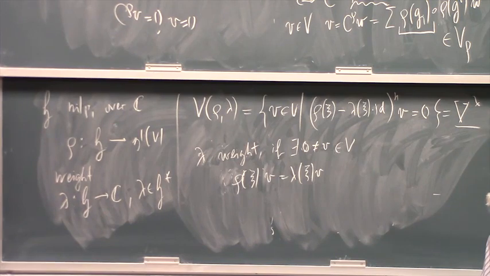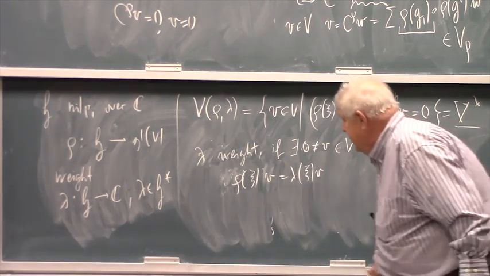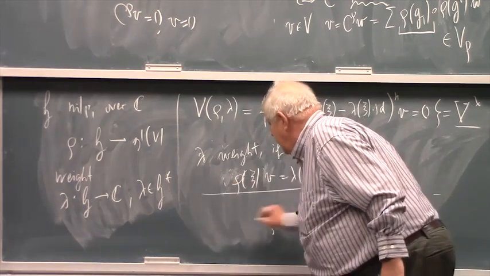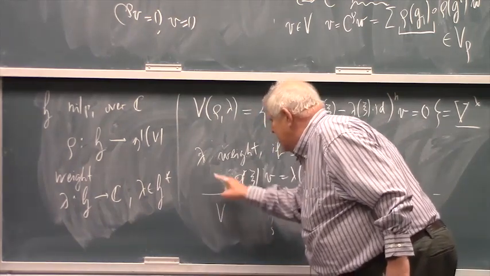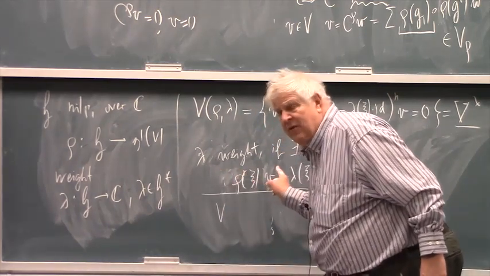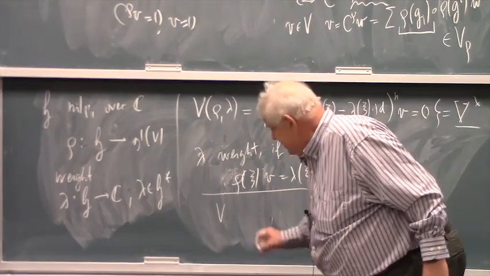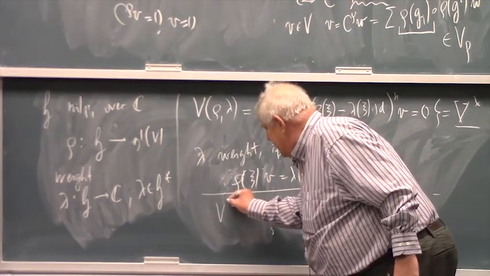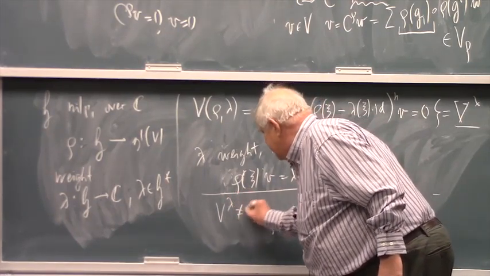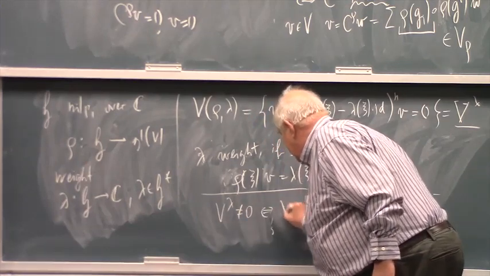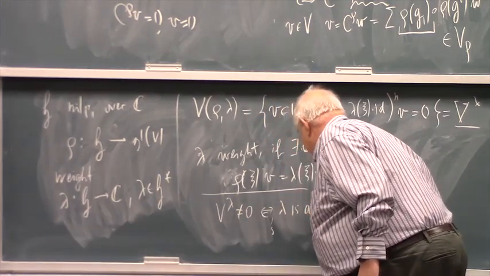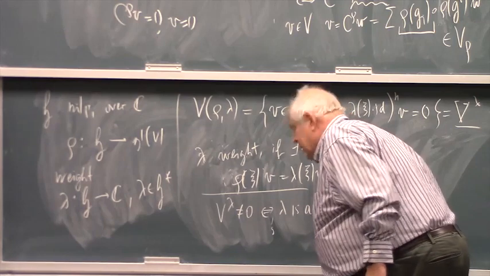There is something which probably should be regarded as obvious. Namely, lambda is a weight if such a V exists. And V lambda is not equal to 0 if and only if lambda is a weight.